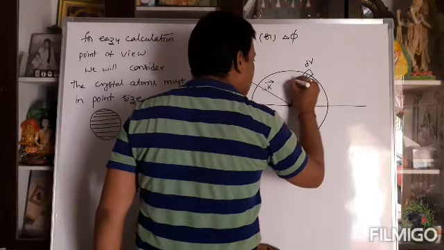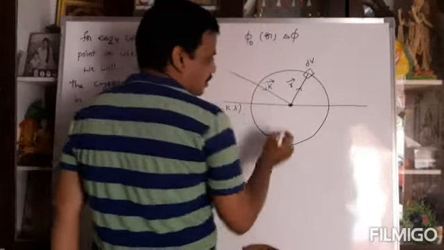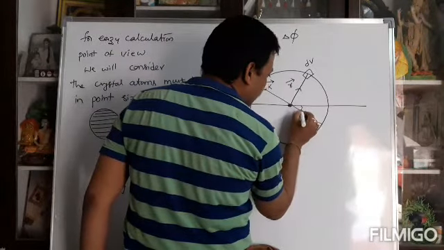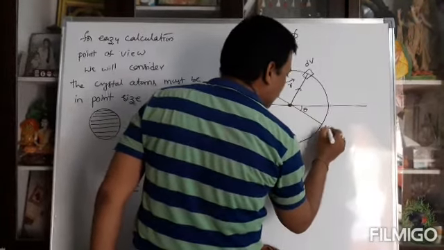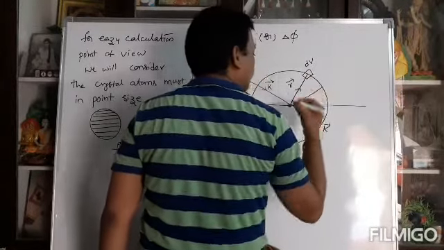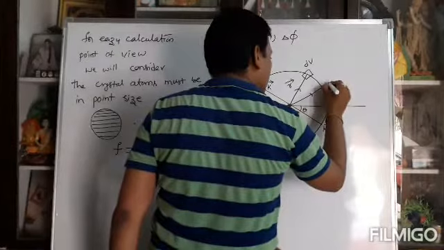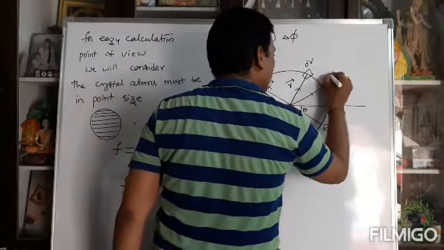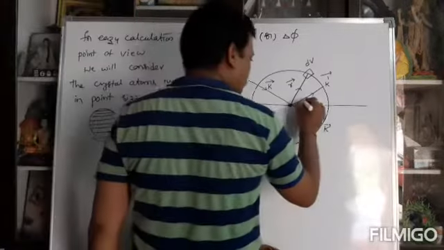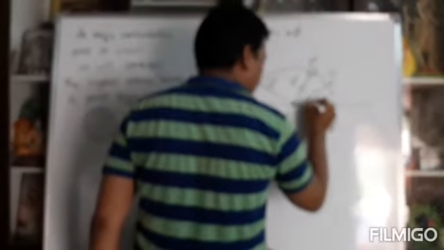This can be taken as R bar. Suppose this ray is diffracted like this, making an angle theta. This can be taken as K bar. Suppose another ray is diffracted in this direction. This can be taken as K dash bar, which is also diffracted at an angle theta.